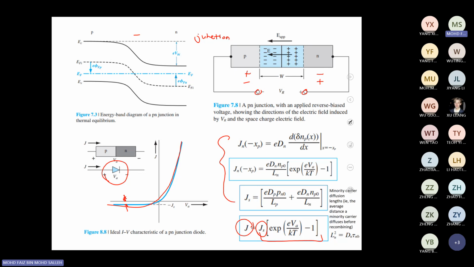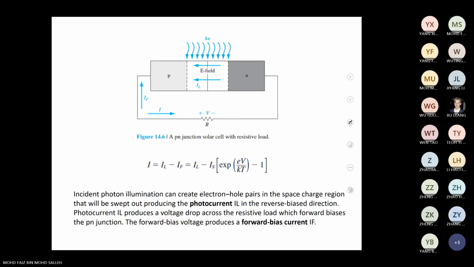If you look carefully, this is similar to the equivalent circuit of the solar cell, the diode, but in the opposite direction. Turun ke bawah. Go down like that. Right? Okay. Roughly, what happens when you give the photon energy?